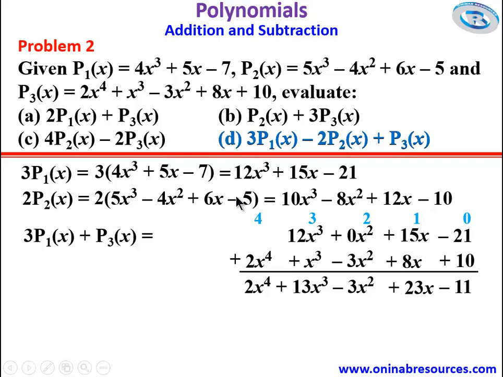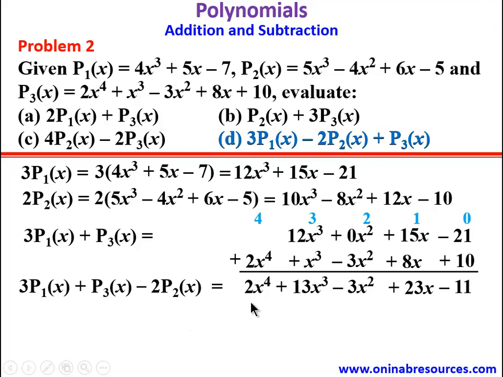We can then go ahead to subtract 2P2 of x from our result, so that our final answer now will be minus. The highest degree of 2P2 of x is 3. So it comes under 13x³, minus 8x² comes under negative 3x², and the 12x comes under 23x, minus 10 comes under negative 11.